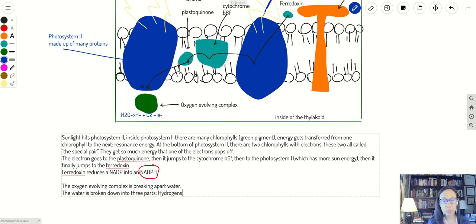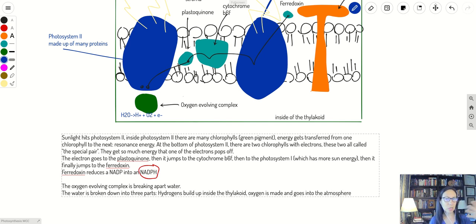These hydrogens from the water start to build up inside the thylakoid, so I'm going to say hydrogens build up inside the thylakoid. The second thing is that oxygen is ripped out of the water. Oxygen is made and it goes into the atmosphere.